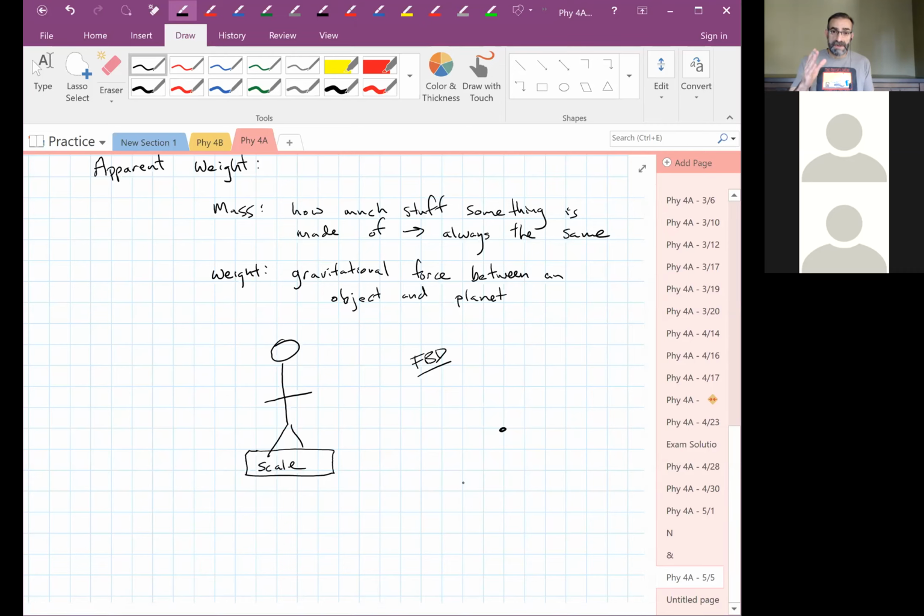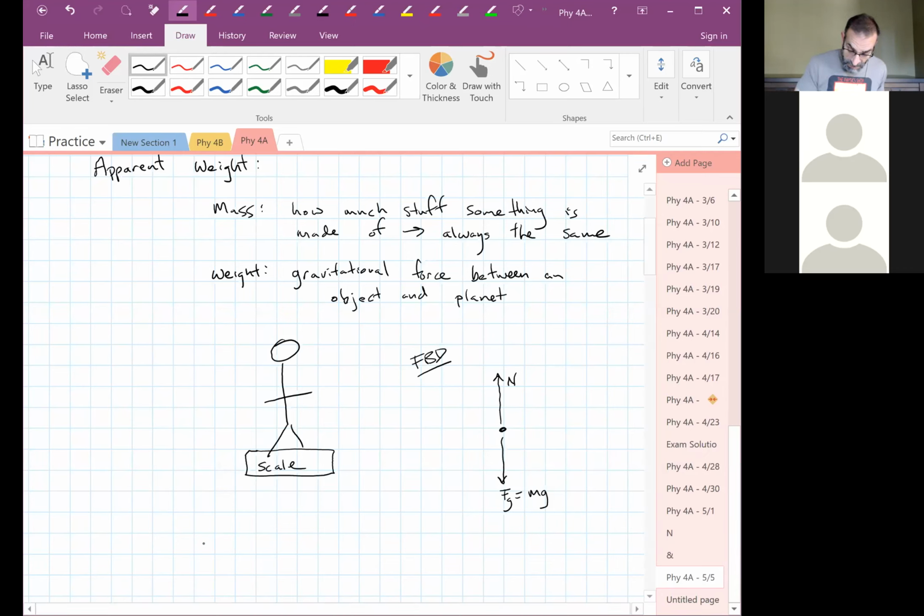That can interact through a normal force and through friction, but the person's just standing there on level ground, so there's no friction force. And what can reach in from a distance? Force of gravity, which is mg. And if that person is just standing there, we know the normal force equals the weight. So the scale is reading the actual weight of the person, m times g.